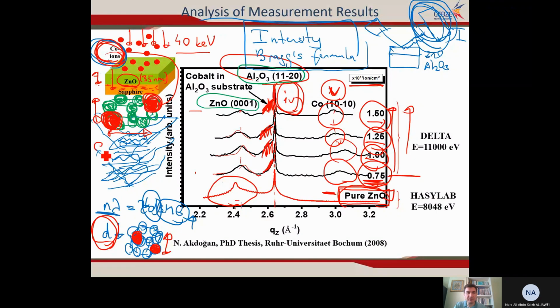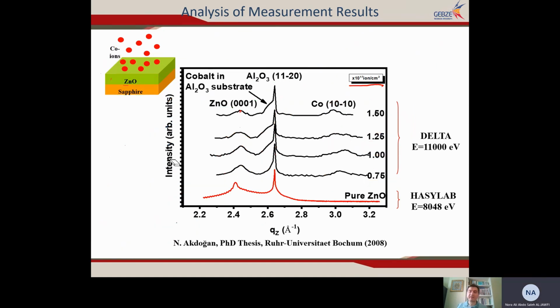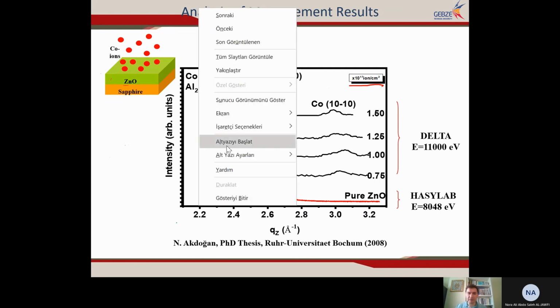So D will be increased. Use Bragg's formula with the sine theta. If you increase the interplanar distance, then the sine theta will be decreased. Then you have a lower 2 theta. Lattice expansion and lattice shrinking during these processes is very small, but with X-ray diffraction you can see it. I mean, diffraction conditions are still preserved.